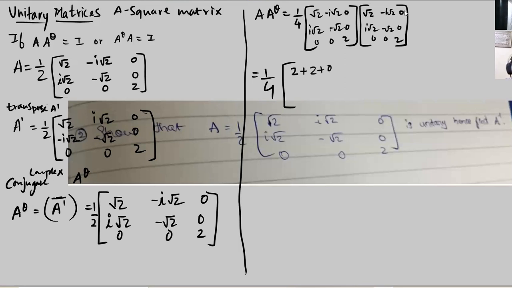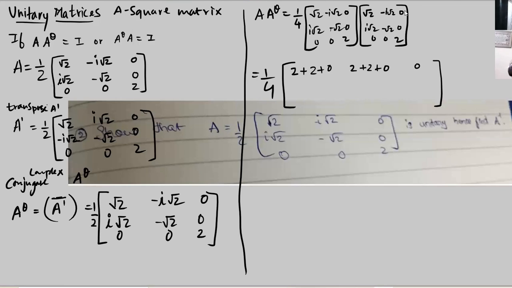Second element: root 2 into root 2 is 2, then minus I into I square, I square is minus 1, so the minus is gone and 2 is left. Minus root 2 into minus root 2 is plus 2, and then 0. The third element is 0 into anything, which is 0.